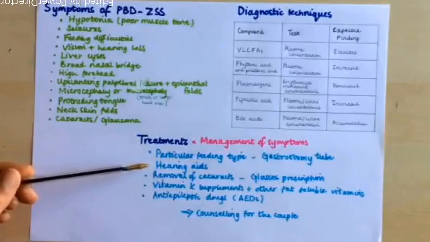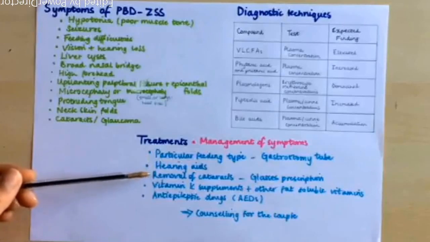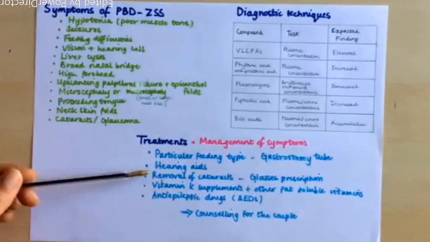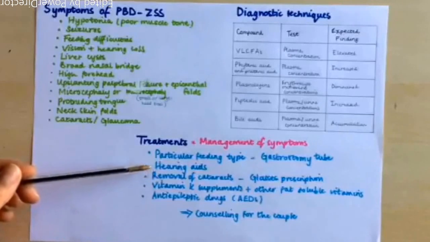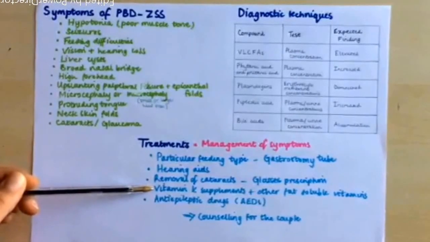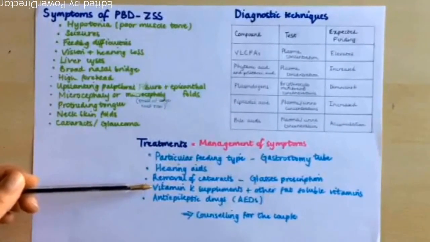Loss of hearing is overcome by fitting a hearing aid to the child. Loss of sight is overcome by removal of cataracts in early childhood, and appropriate glasses should be prescribed if necessary. Overcoming liver impairment usually involves taking vitamin K supplements and other fat-soluble vitamins.